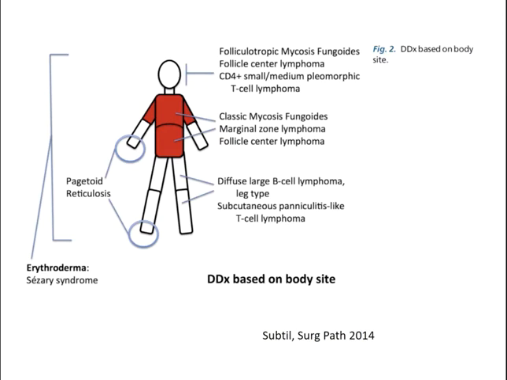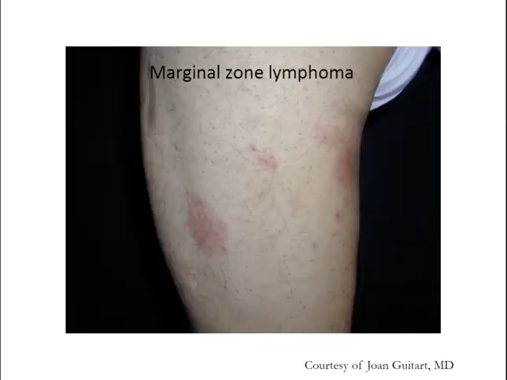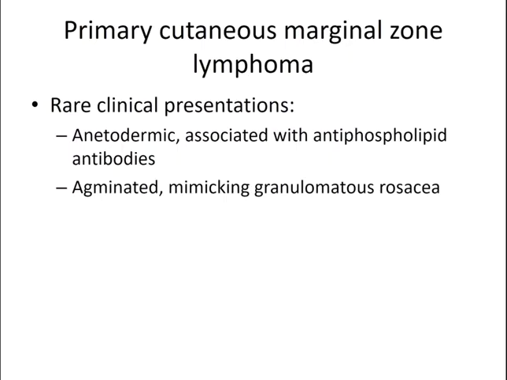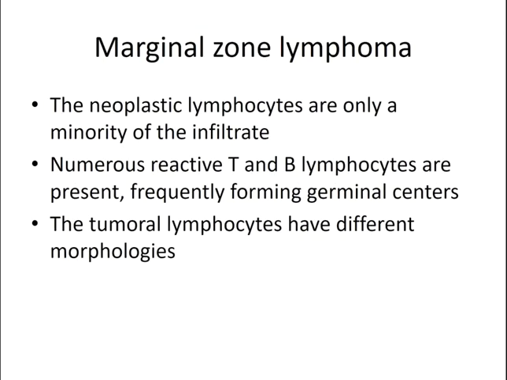So just by knowing where the lesion is, you have about 50% of your diagnosis. On the head and neck, follicular center lymphoma, marginal zone lymphoma, diffuse large B-cell lymphoma, okay? It's not as easy as that, I wish, but at least that helps. So this is on the arm, must be marginal zone lymphoma, just one lesion, maybe sometimes a couple of lesions. Weird presentations happen, but most likely you're not going to see that.